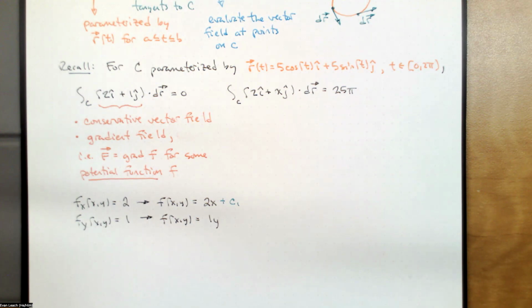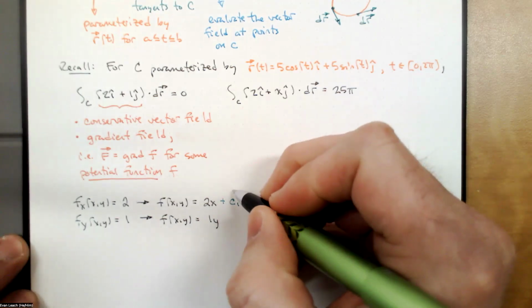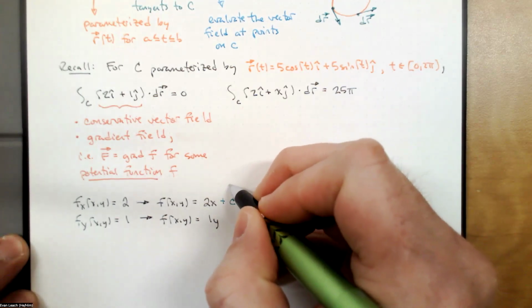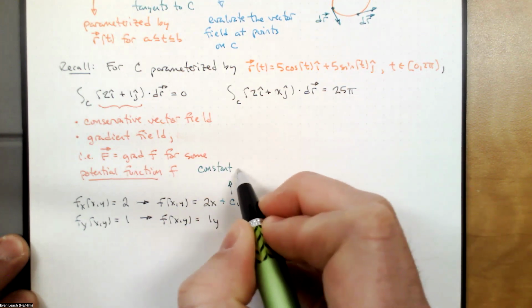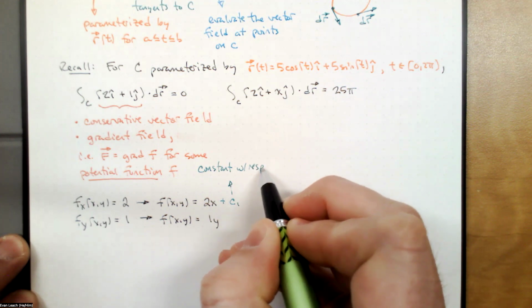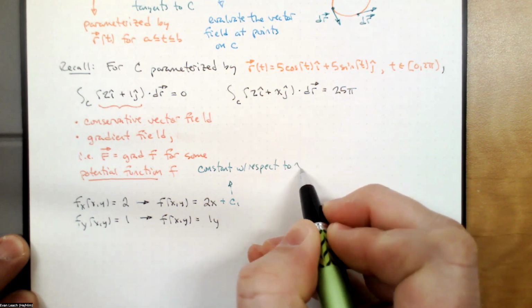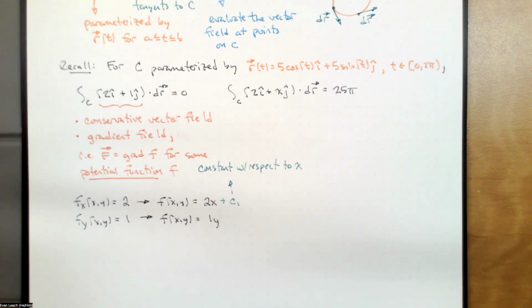So this constant might be some constant or some function of only y, because it's partial, it's constant with respect to x. Since it's constant with respect to x, it might be a constant or some function of y.